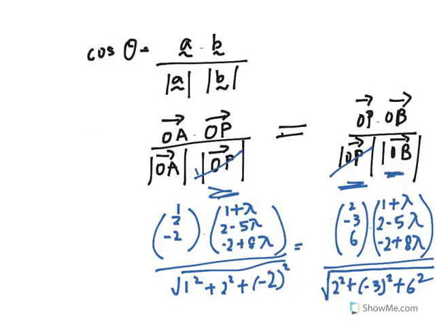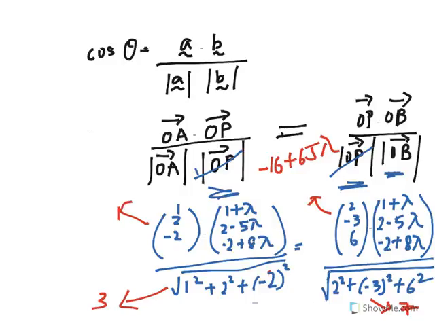Eventually we are solving this equation to give us lambda. It's actually not difficult. You solve the portion below: the mod of OA gives you the square root of 9, which is 3. The mod of OB gives you 7. This portion here will give you negative 16, and this portion here will give you 9 minus 25 lambda.